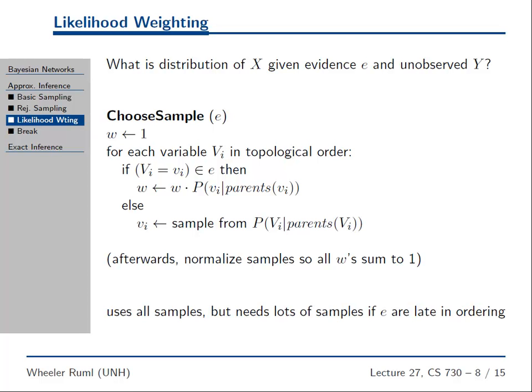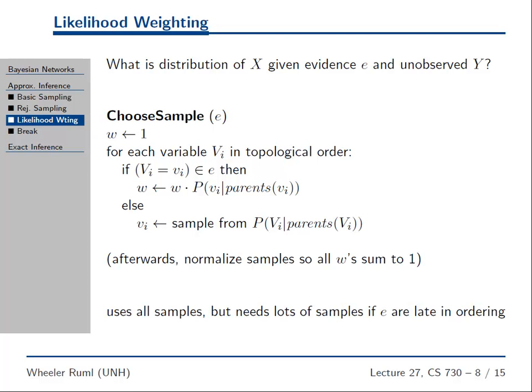If the parents are usually coming out in one particular way, then every sample is going to get the same low weight, and we may not have very much control over whether we see the other configurations of the parents. So it might not converge as fast per sample. That's a limitation of this technique. There are probably results about that, but I don't know them, so I'm not going to talk about them.